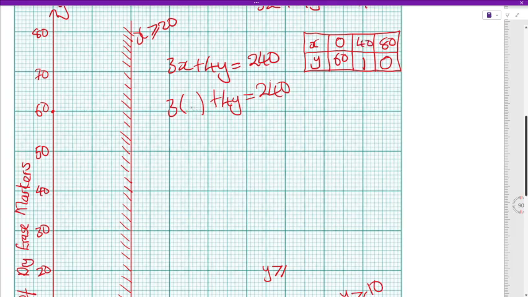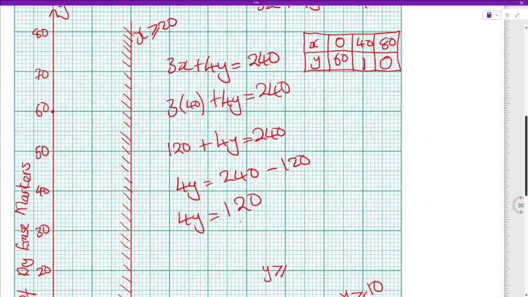So if x is 40, what do you get? That will give us 120 plus 4y is equal to 240. When it crosses the other side, it will be 240 minus 120. 4y will give us, what is 240 minus 120? That gives me 120, and I know 4 can go into 120.